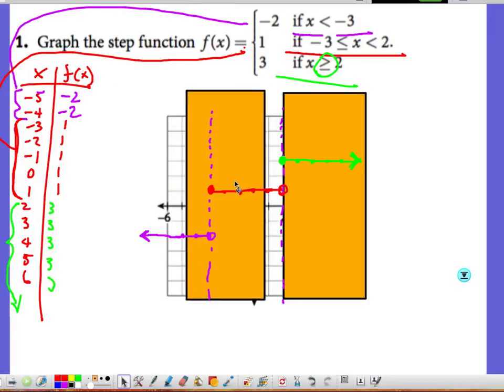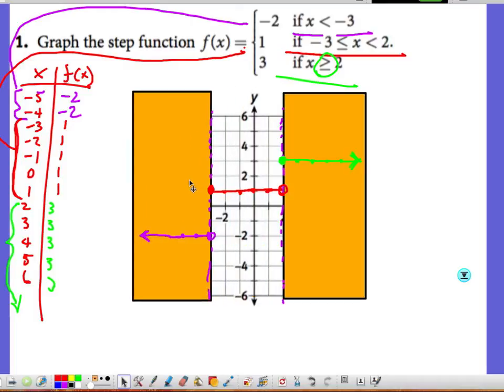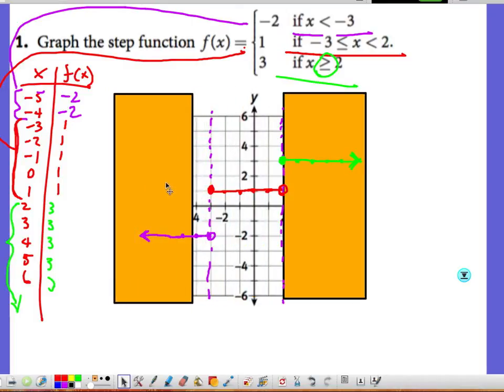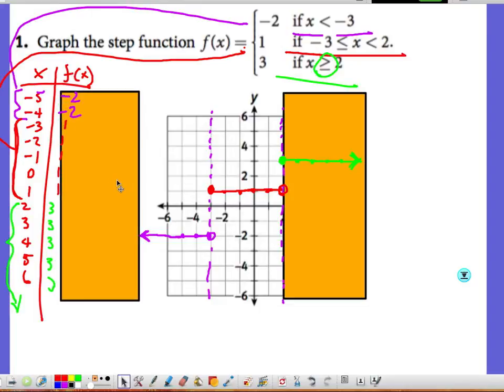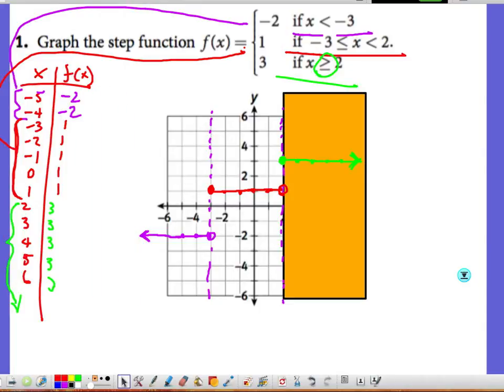And so when I open this left elevator door, I'm not going to stop here. I just want to open it up so the whole graph can squeeze through. And notice, since I have this arrow, this elevator door just keeps going and going. And so for my domain in inequality form, I'm using the variable x. I'm not stopping this door on the left, so that means I'm going to negative infinity. And we always use less than as our inequality.